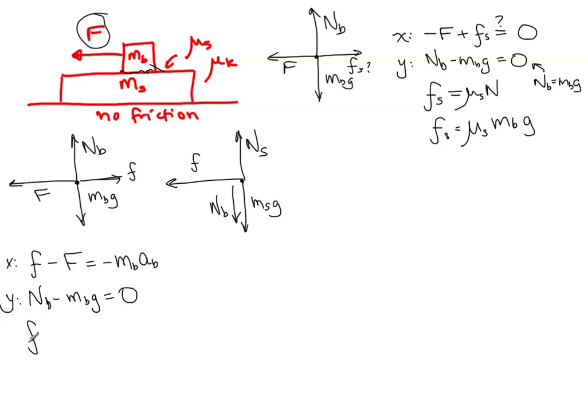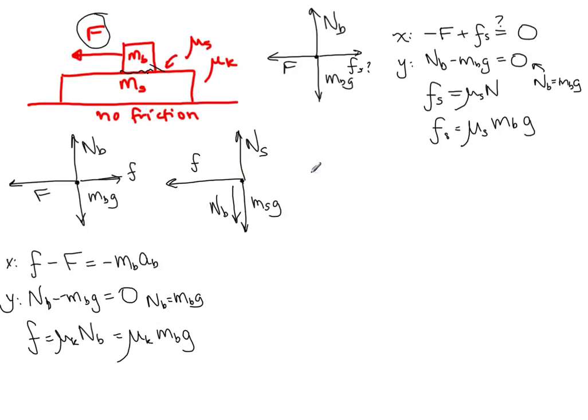And we know that this friction is mu sub k, the sliding friction coefficient, times the normal force on the block. And you can see that the normal force on the block is going to be equal to mass of the block times gravity, just like before. So my friction is going to be equal to mu sub k, sliding friction coefficient, mass of the block times gravity. I think that's going to be useful later.